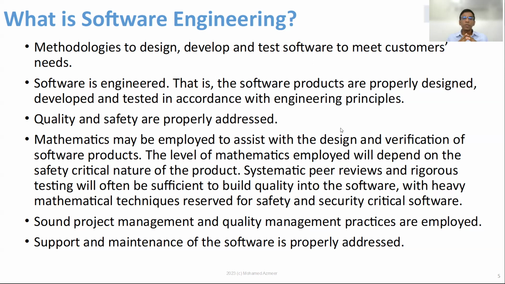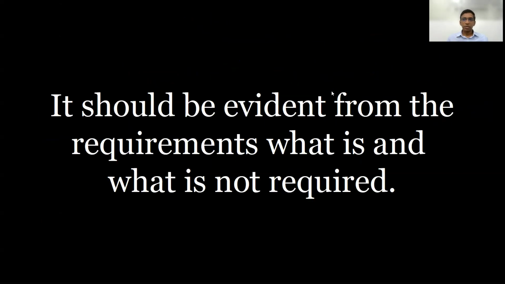When you say software engineering, we are basically talking about all that: design, development, testing, and then looking at quality and safety, peer reviews, whether we use project management skills, and also the maintenance process. So these are the main areas we take under software engineering.